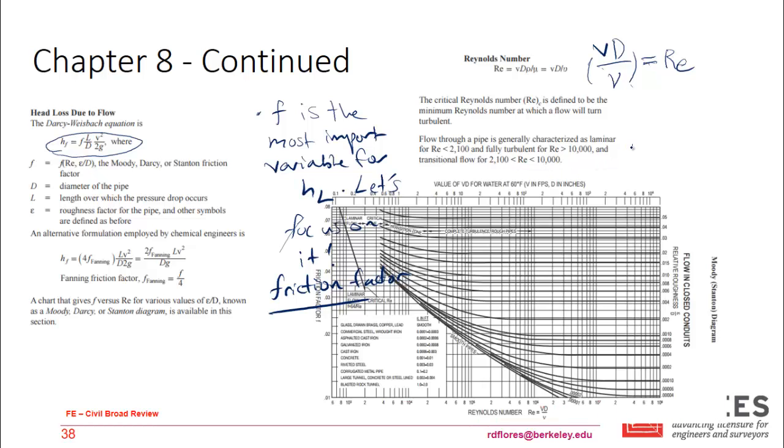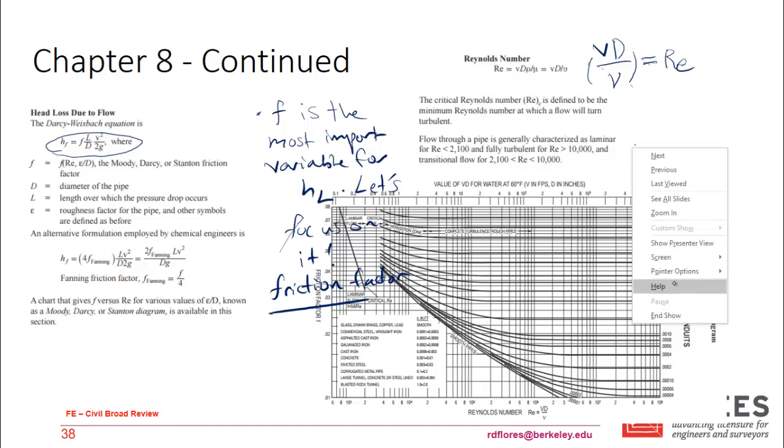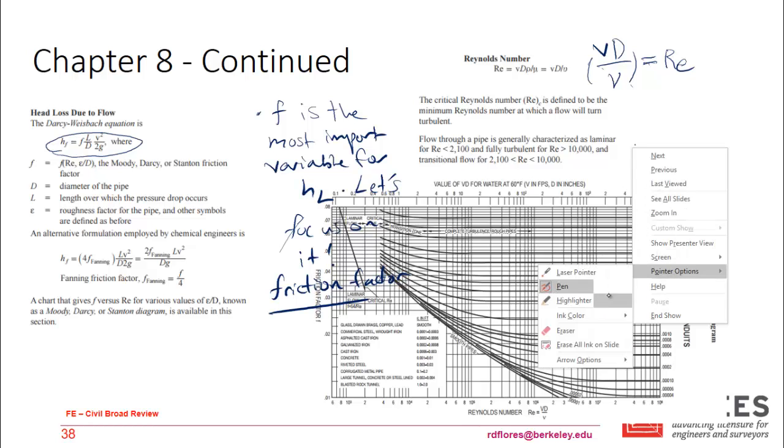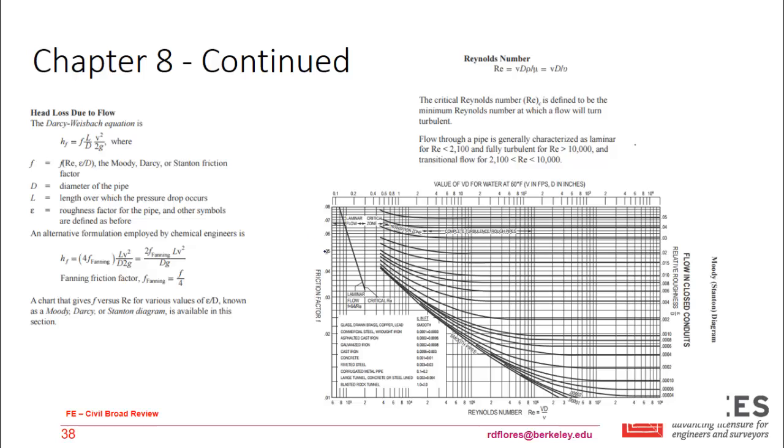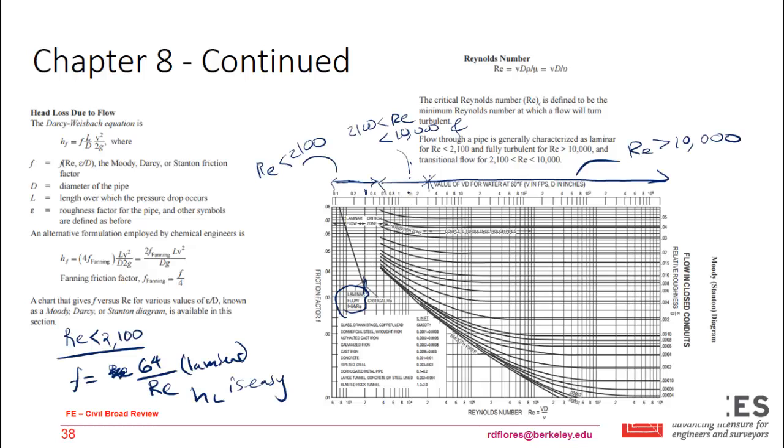Well, if we know whether it's laminar or not, it allows us to simplify things. I might have misrepresented the boundaries a little bit earlier, but basically, if you're in this zone, then you're able to use this equation.